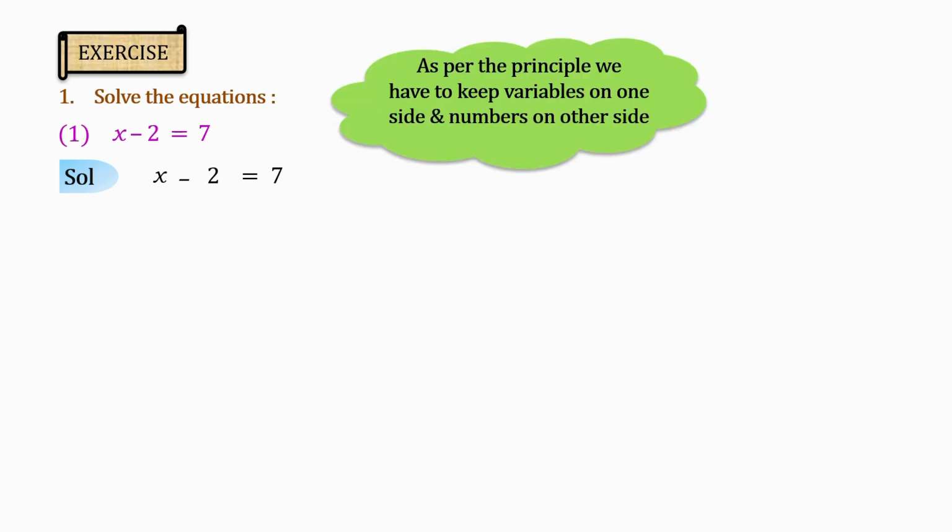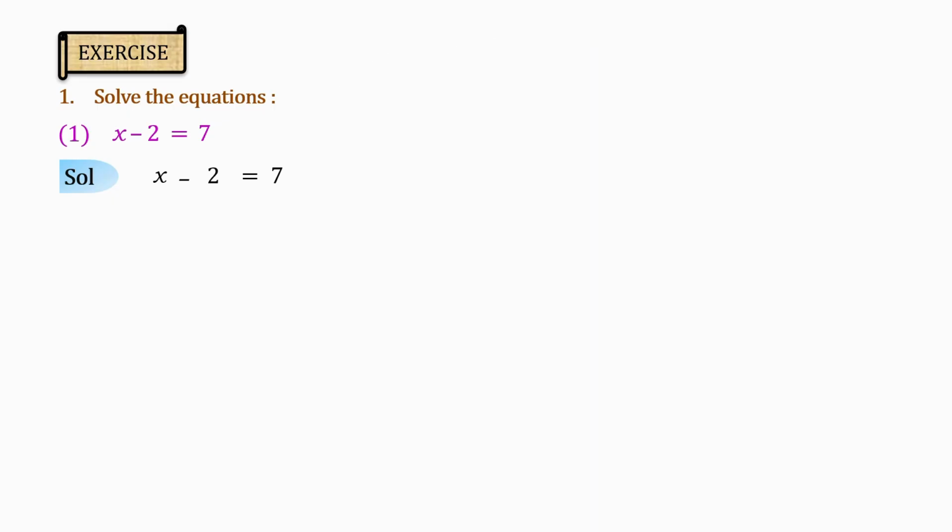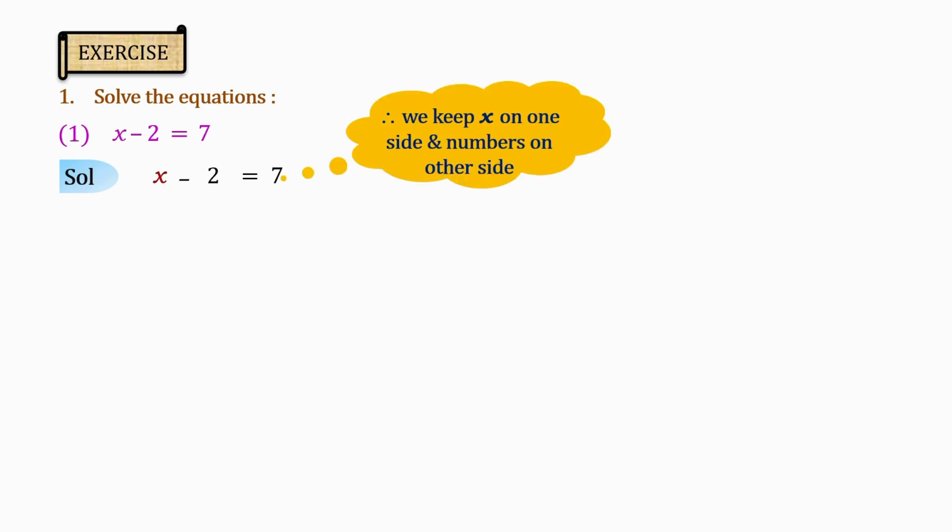As per the principle, we have to keep the variables on one side and the numbers on the other side. In this case, what is the variable? x is the variable over here. So we keep x on one side and the numbers on the other side.